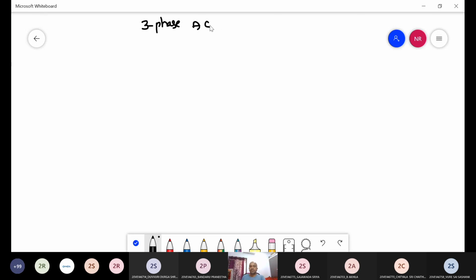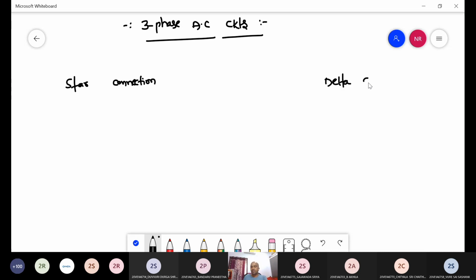In a three-phase AC circuit, mainly we have the star and delta connection. Here we have the phase value as well as the line value.